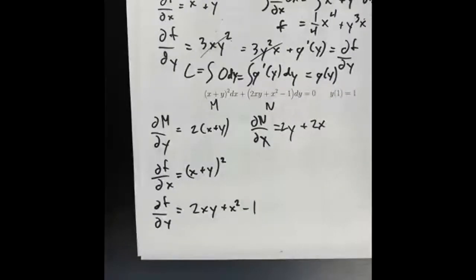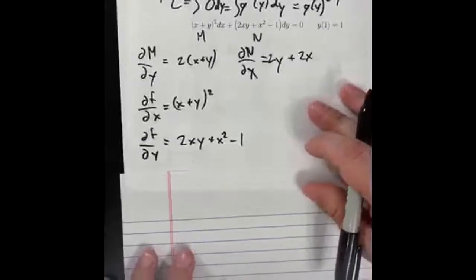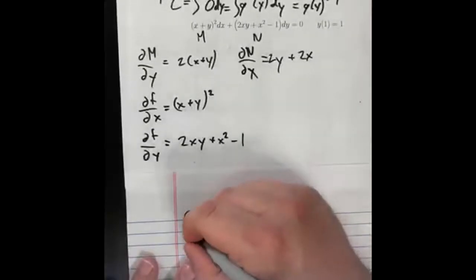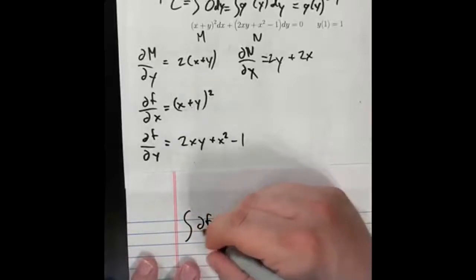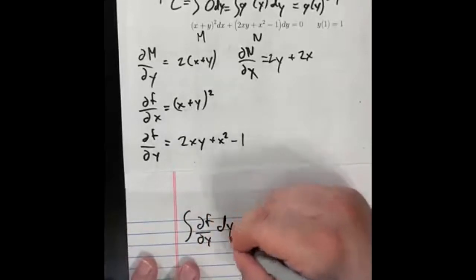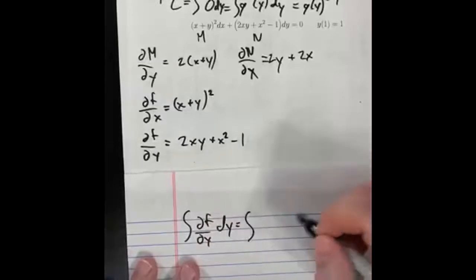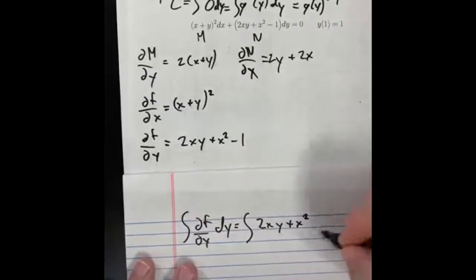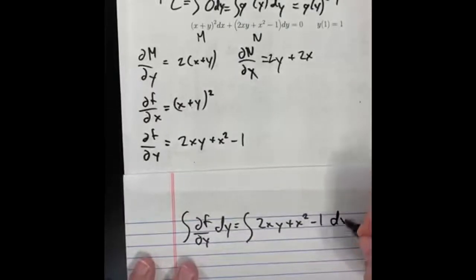Let's integrate the partial of f with respect to y. We're trying to solve for f, so we take the integral of partial f, partial y with respect to y. That should be the integral of 2xy plus x squared minus 1 with respect to y.